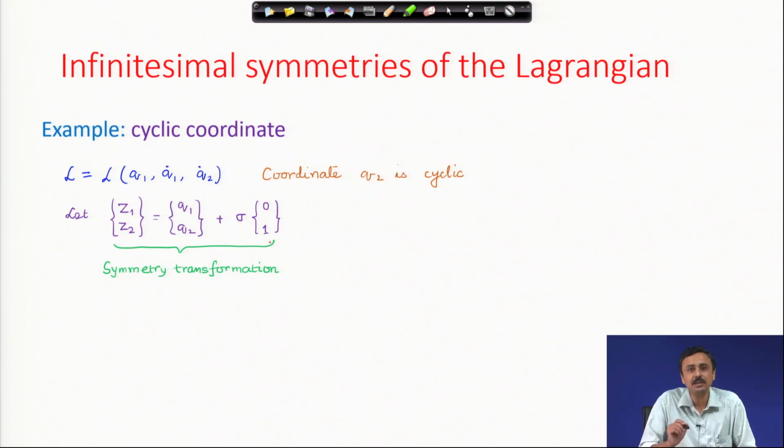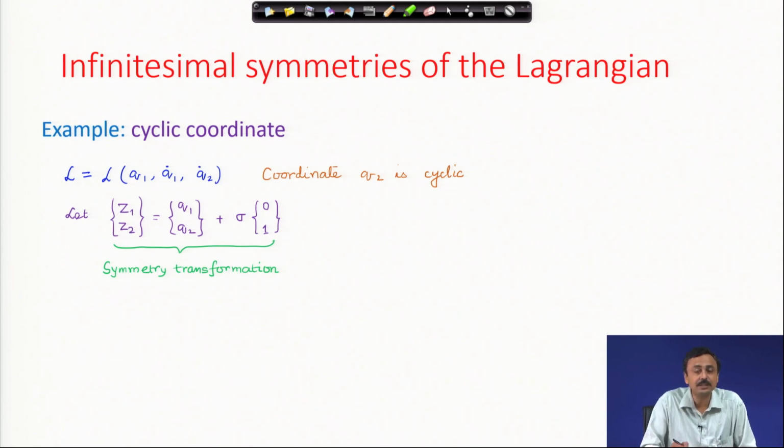That means I am giving a shift to only the q2 coordinate, and this is a symmetry transformation, because q2 is anyway not there, so whatever value of sigma I add, it will hardly matter. This is a trivial example, but what I am trying to show is that everything falls under the scheme of things under Noether's theorem.